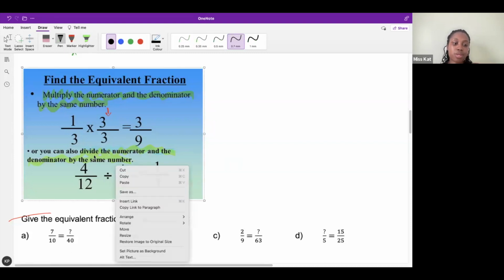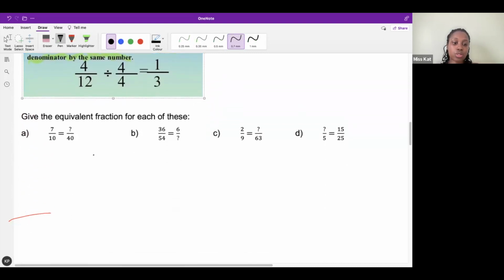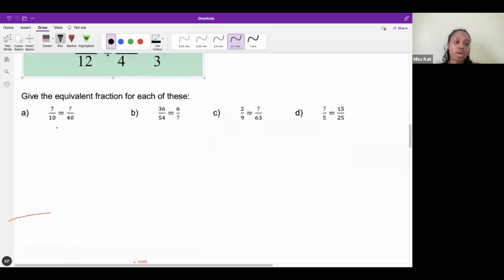Okay, so now that we know what equivalent fractions are, we have a couple of fractions here, and they have asked us to give the equivalent for each of these fractions. Okay, so initially I had for A 7 over 10, but now my denominator has become a 40. So what did I do to 10 to end up at 40?